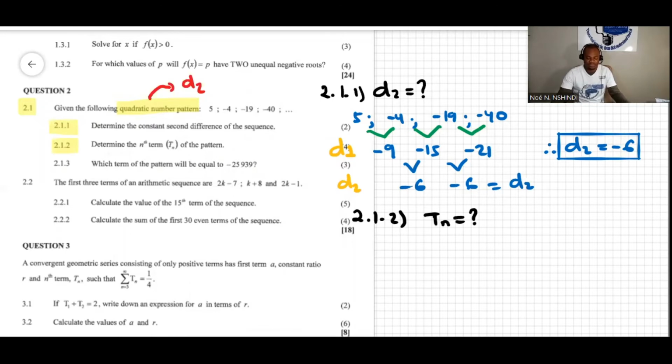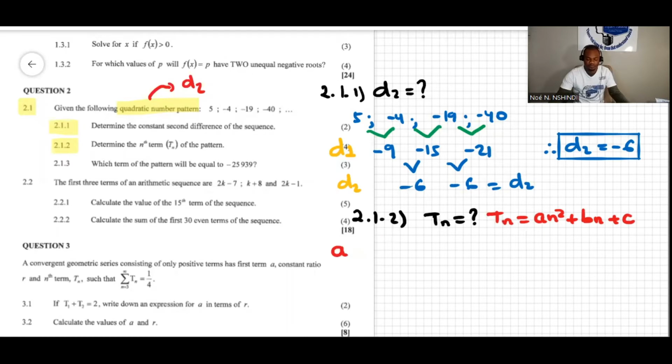Now there are some properties for the quadratic pattern. First of all, Tn is given by an squared plus bn plus c. It's called a quadratic pattern because it has the form of a quadratic equation. Now the leading coefficient a is equal to the second difference over 2.